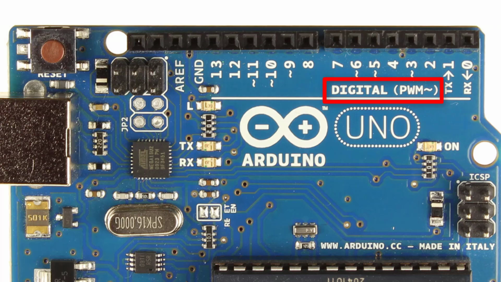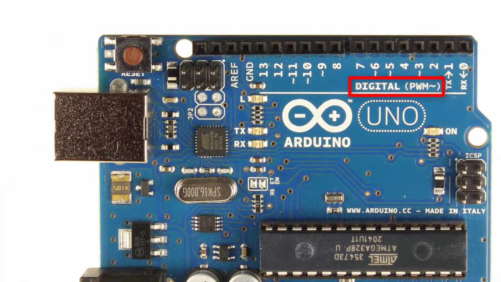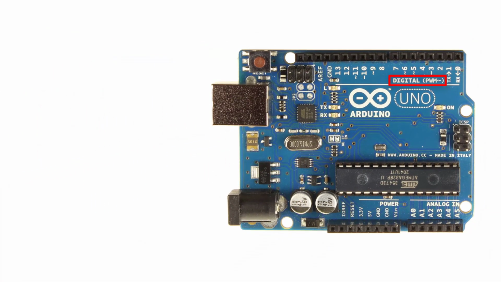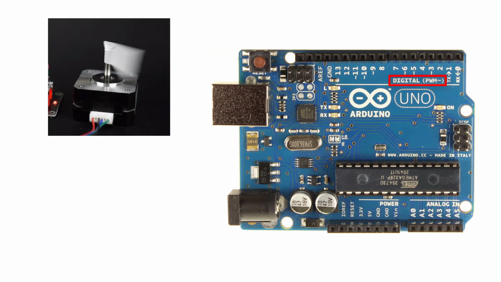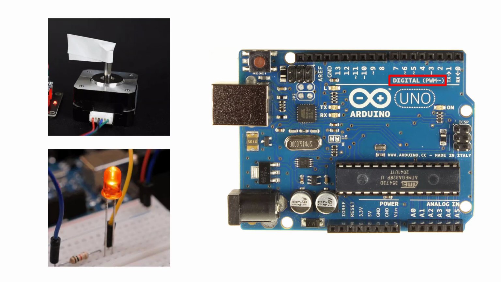PWM stands for pulse width modulation, and it is a clever technique that allows you to simulate analog output using digital pins in a highly effective manner. Although these pins are technically digital, they offer a unique way to control various aspects of your projects, such as controlling the speed of motors, dimming LEDs, and creating smooth fading effects as if they were actual analog output pins.